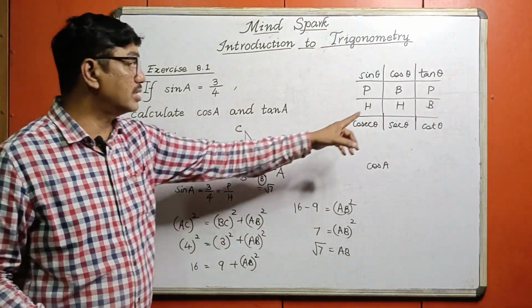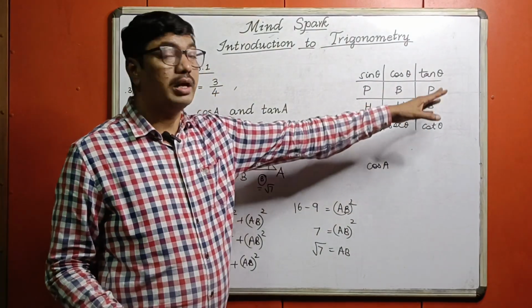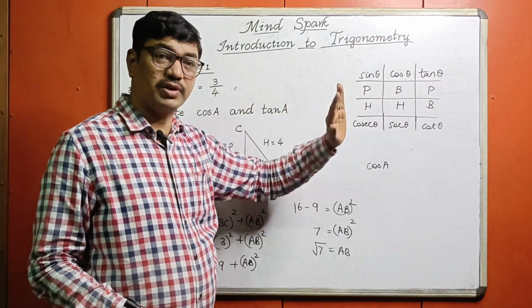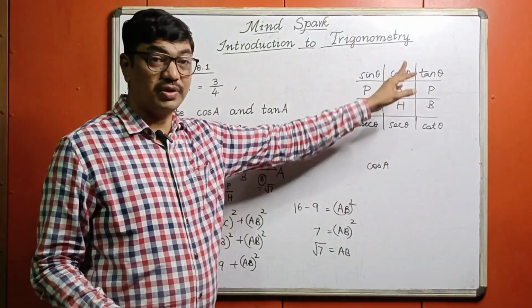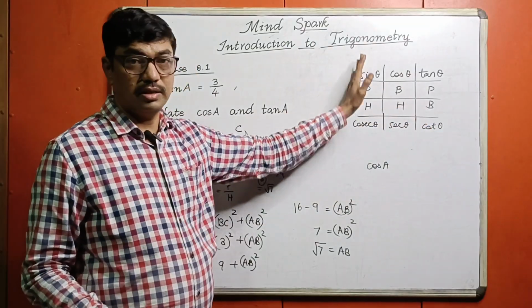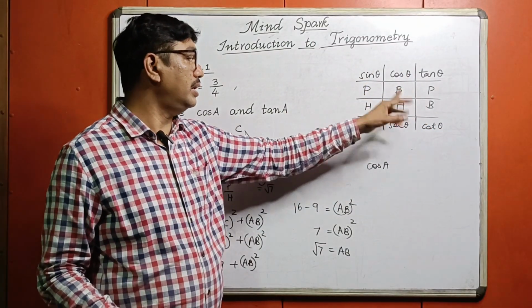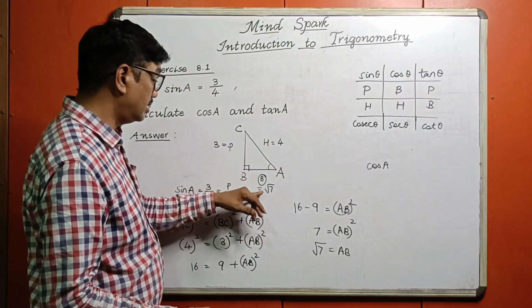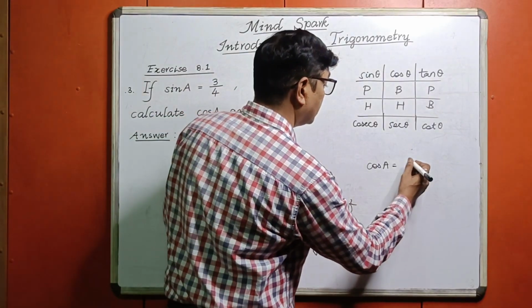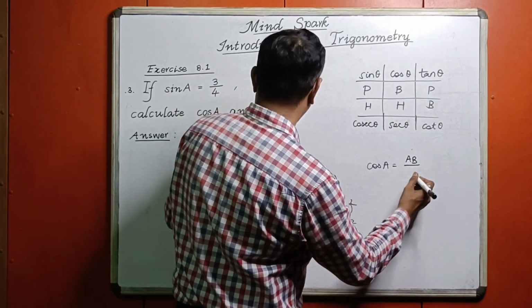Cos A, you can see the table. Every time you can write this table comfortably, and you can refer to this. This is the key table wherever you can apply. Cos theta is base by hypotenuse. This is base. How much is base? AB by AC.